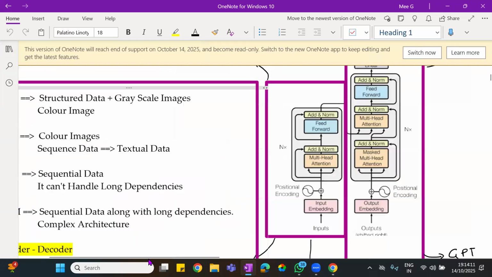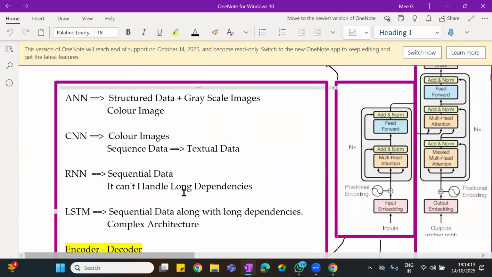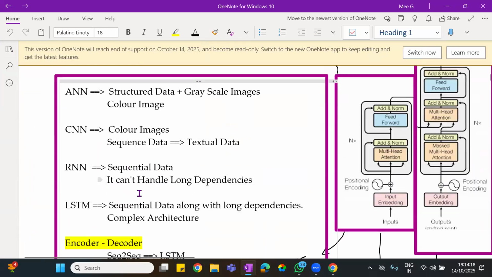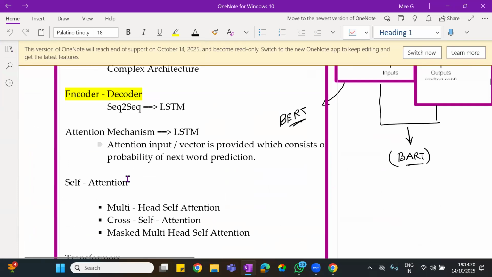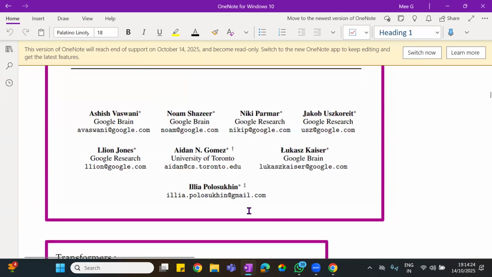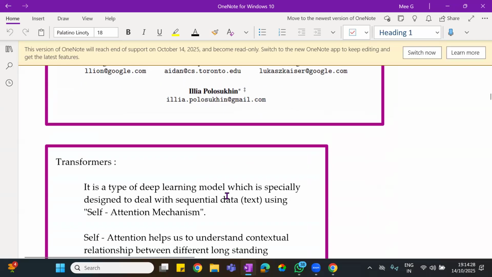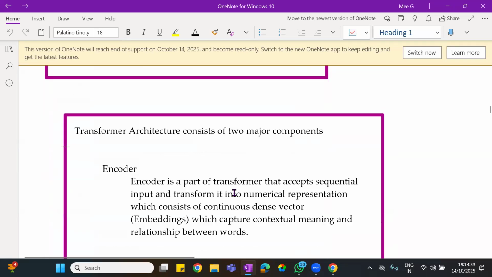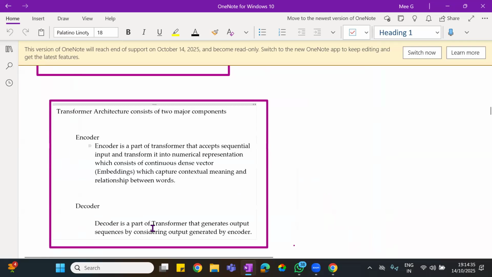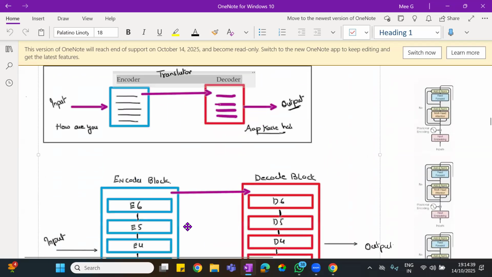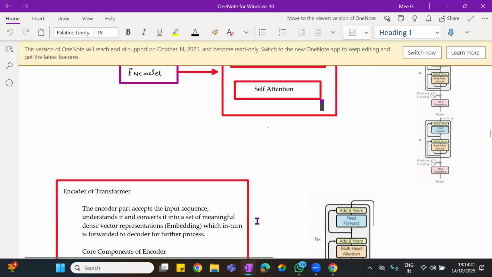I will write in front of you what is ANN, what is CNN, what is LSTM, what is encoder, decoder, what is transformer. This is the paper released on the transformer, this is the definition, and these are the two major components of the transformer.